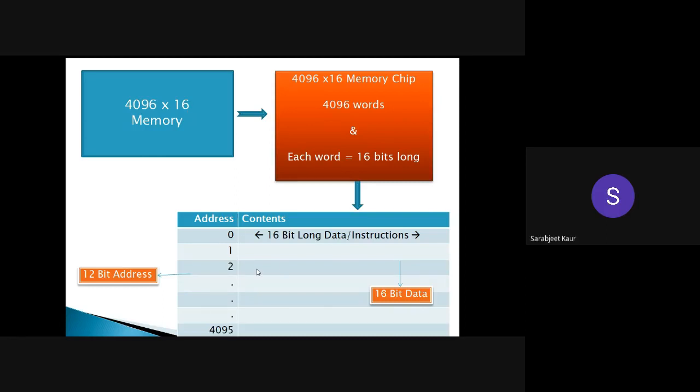We had also calculated that this means we need 16 data lines, that is, 16 places to store these 16 bits. And to access this memory, we require 2 raised to the power of 12 locations, so we require a 12-bit address. This is clear to everybody?